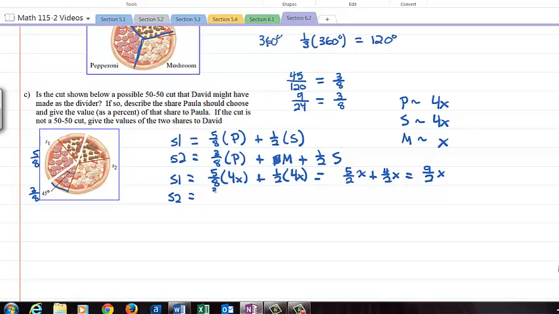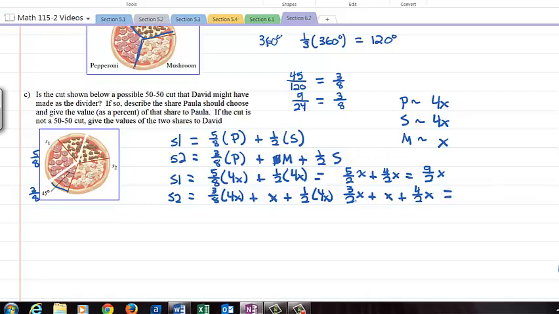S2, 3/8 times 4x plus the mushroom is just an x plus 1/2 times 4x. Well, that's going to be 3/2 x plus x plus 4/2 x.